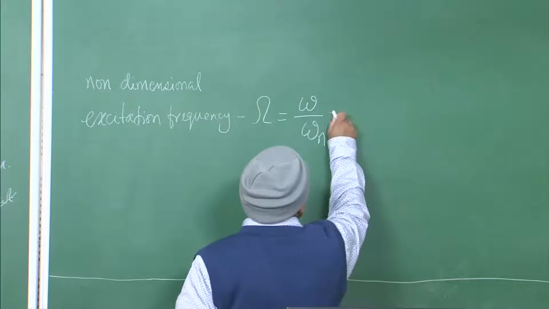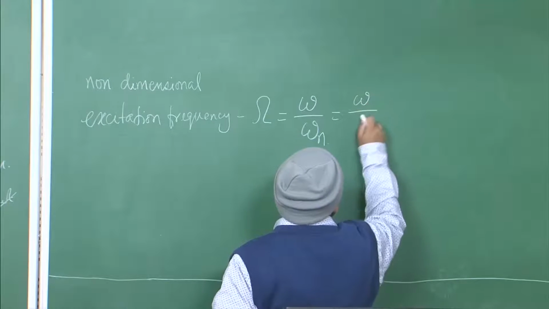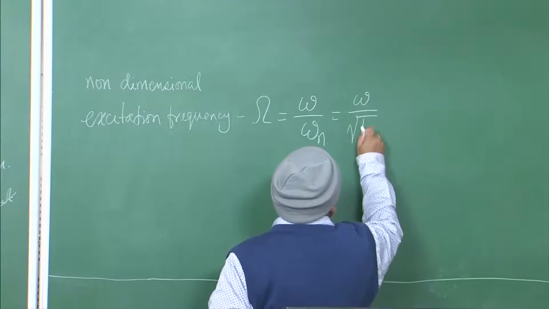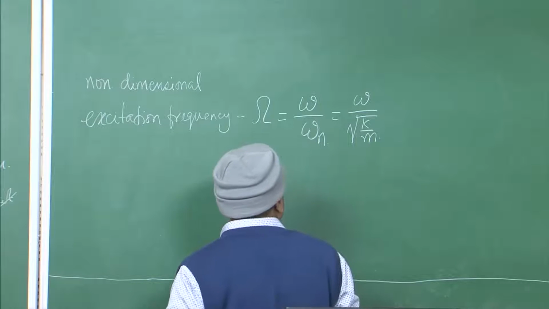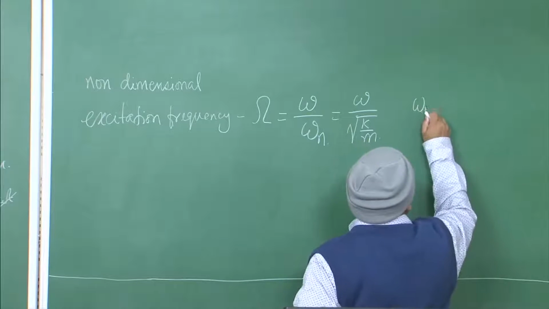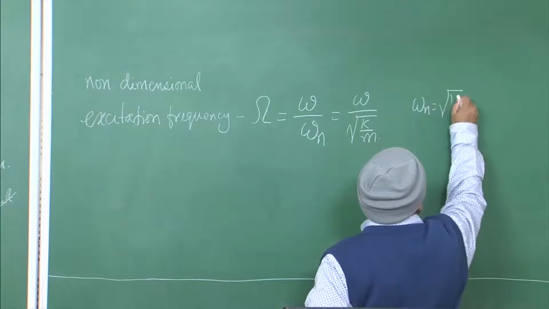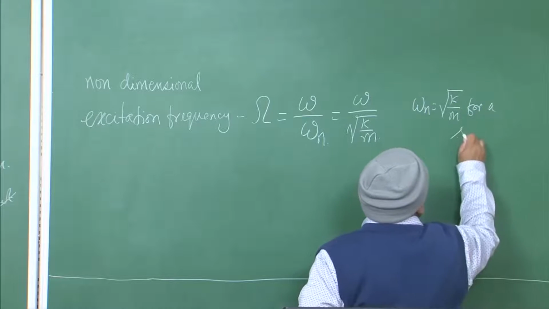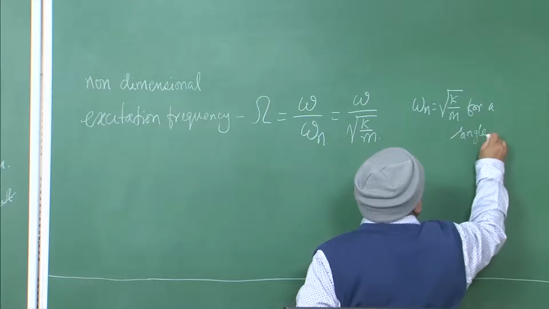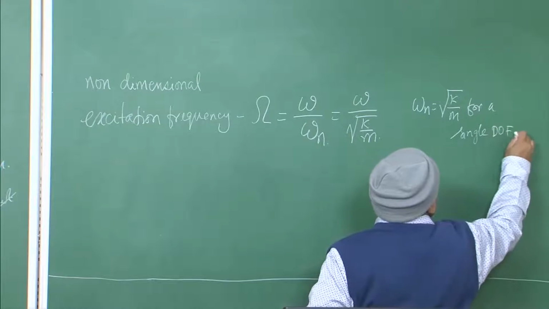That means omega divided by square root of k over m. We know that omega n equals square root of k by m for a single degree of freedom system.